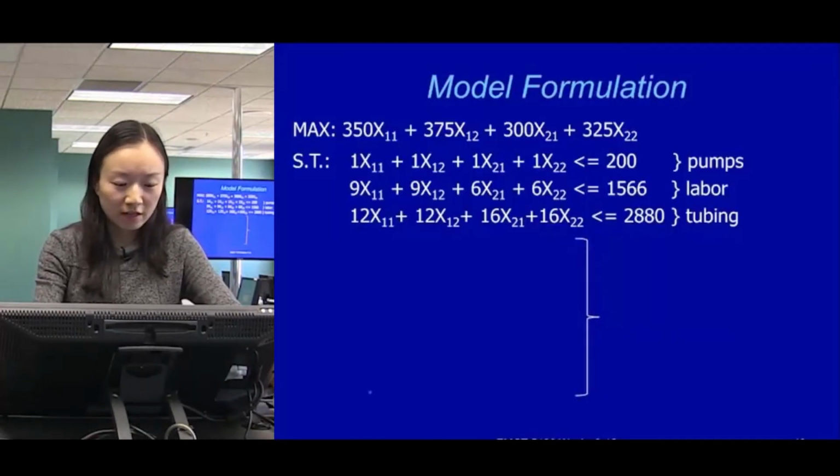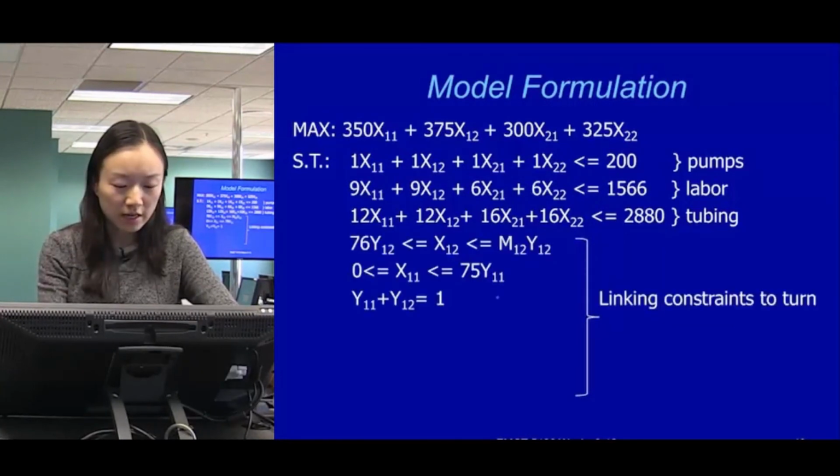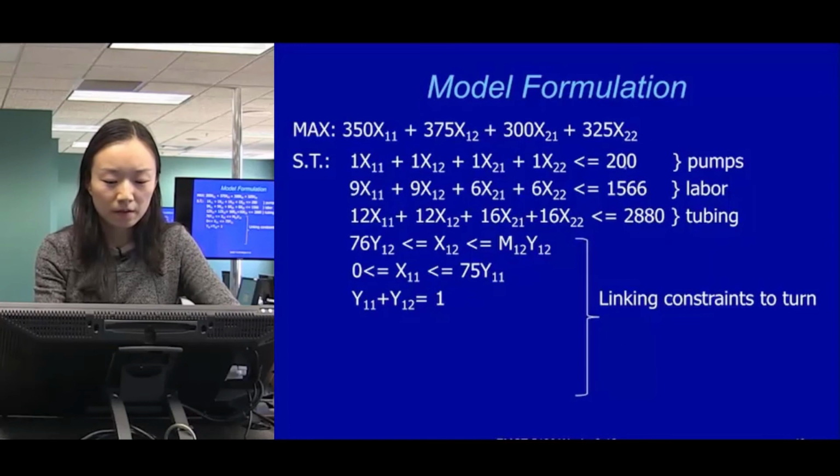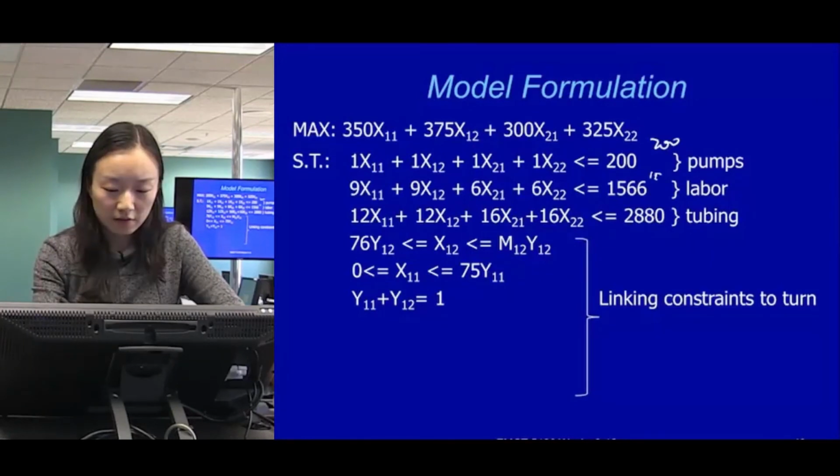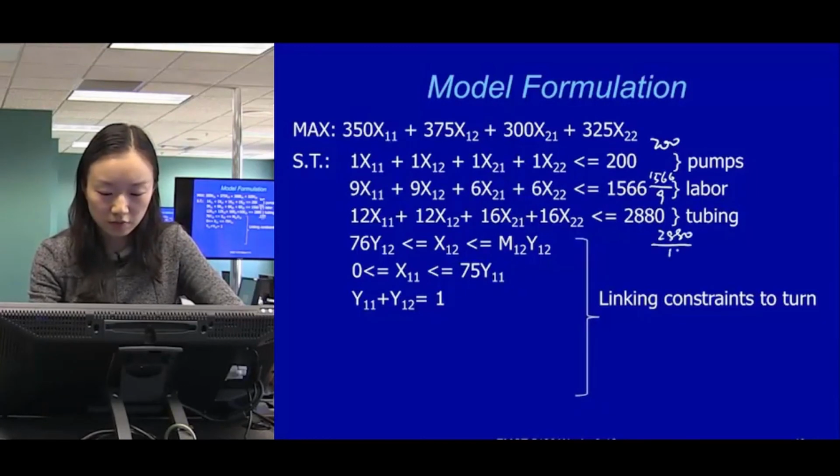So before that, we would have those resource constraints, right? And these three are the linking constraints that we come up with to link our x11 with x12. To figure out this big M value, you will do the same. Use 1566 divided by the 9 here, and 2880 divided by 12 here.